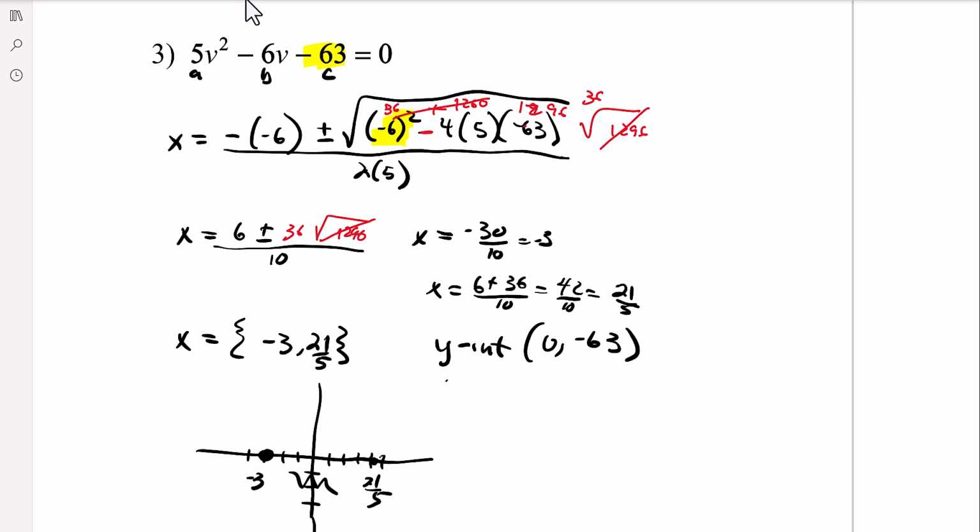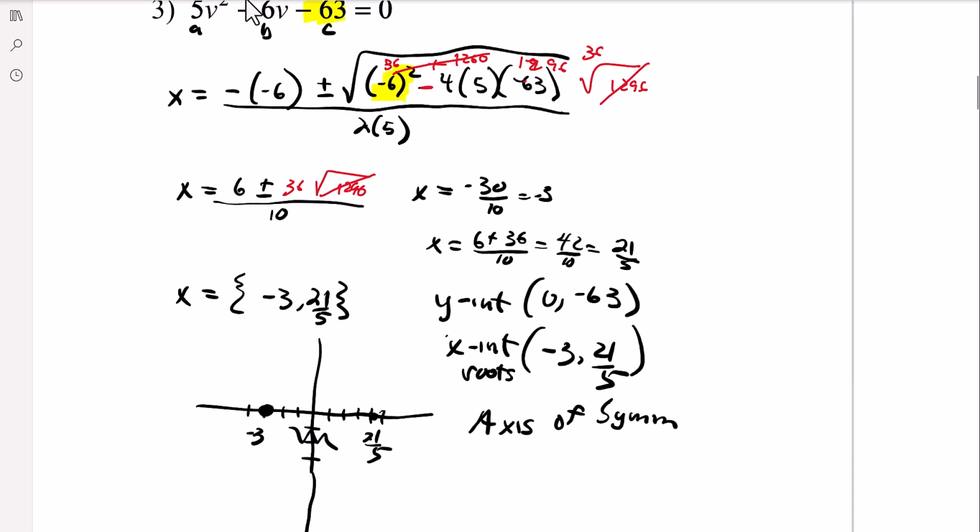The two solutions, which are the two x-intercepts, or roots, negative 3 and 21 over 5. And then the axis of symmetry, well, remember how you did that.